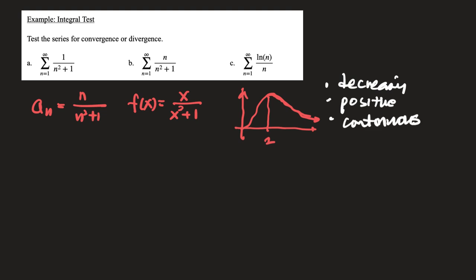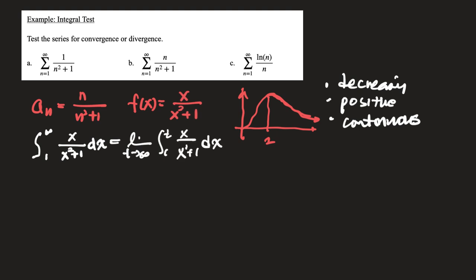So now, evaluate the improper integral from 1 to infinity of x over x squared plus 1 dx. By the definition of improper integral, this is the limit as t approaches infinity.